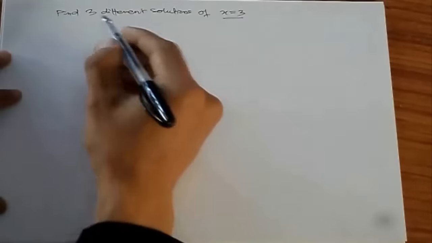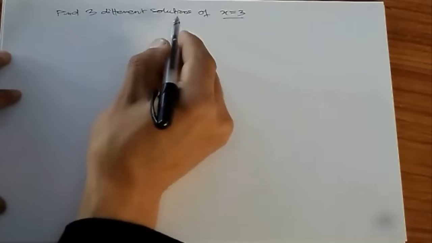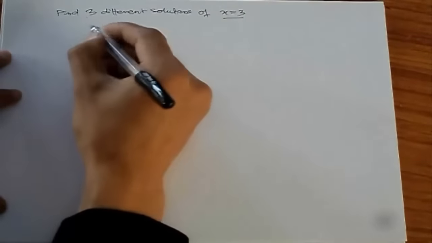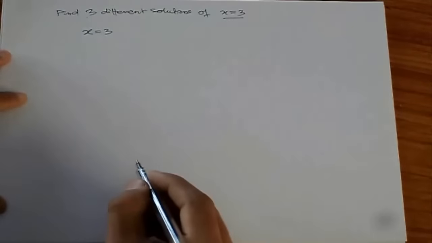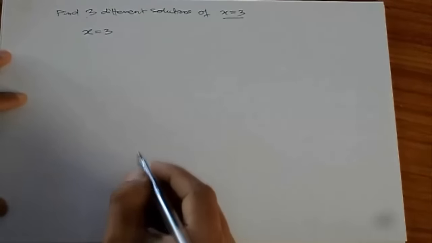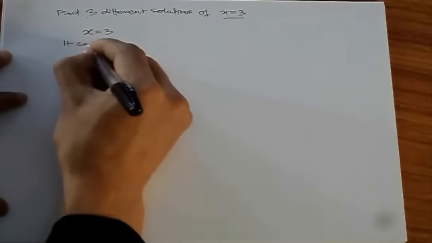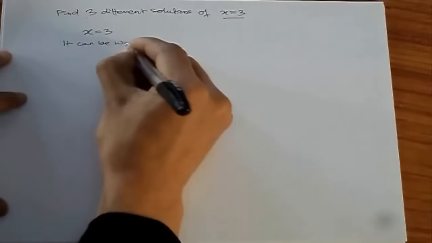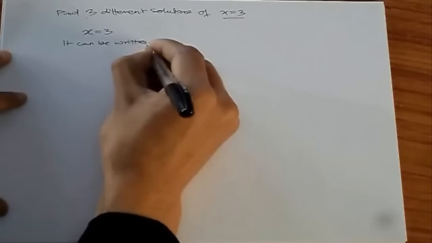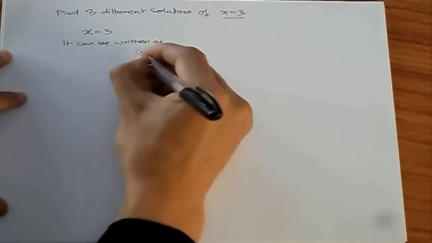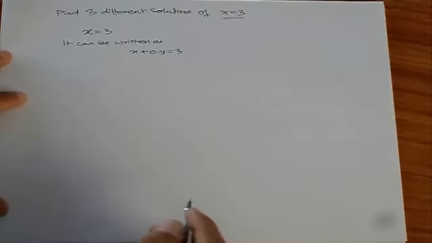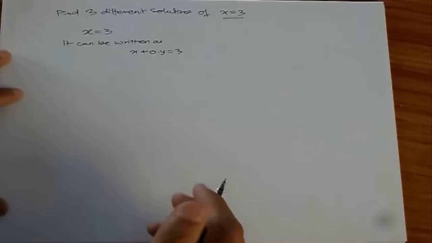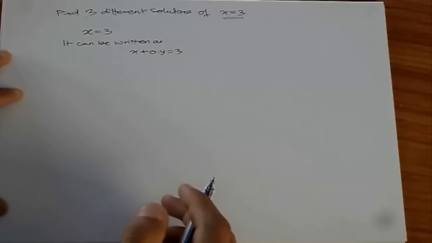Okay, now here we have to find 3 different solutions of x equals 3. So what we're going to do is, x equals 3 is a linear equation in one variable. Now it can be written as a linear equation in two variables, right? So it can be written as x plus 0 into y equals 3. Now it becomes a linear equation in two variables. In a linear equation in two variables, we already know that we can find infinitely many solutions.